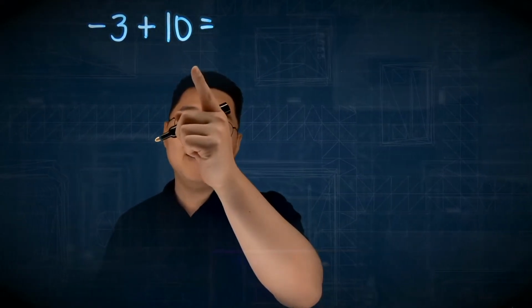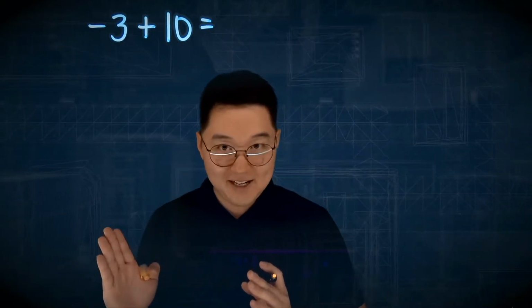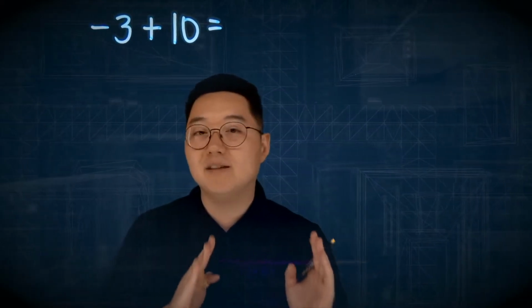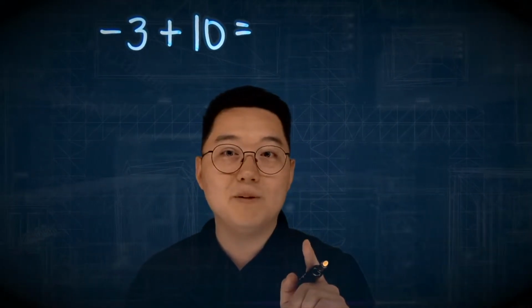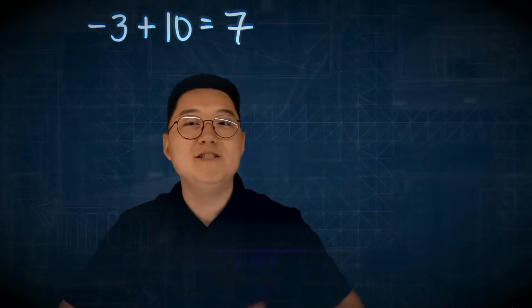Since I have 10 positives and 3 negatives, things cancel out because negatives and positives cancel. So I'm going to end up with positives left over. But how many more positives do I have left? There should be only 7 positives left. Hey, if you got this question correct, good job.